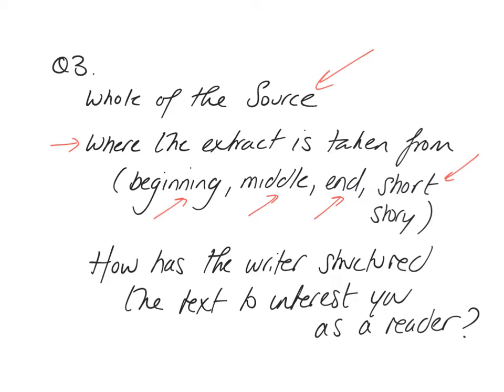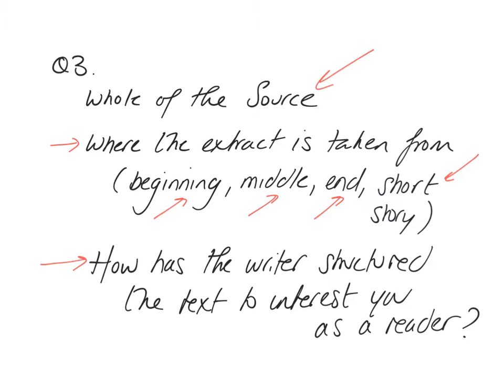Then you get this prompt. How has the writer structured the text to interest you as a reader? And what that is, is very definitely a prompt to explore the structure of the extract. It may be that you don't find this extract particularly interesting as a reader. That's not the point of the question.